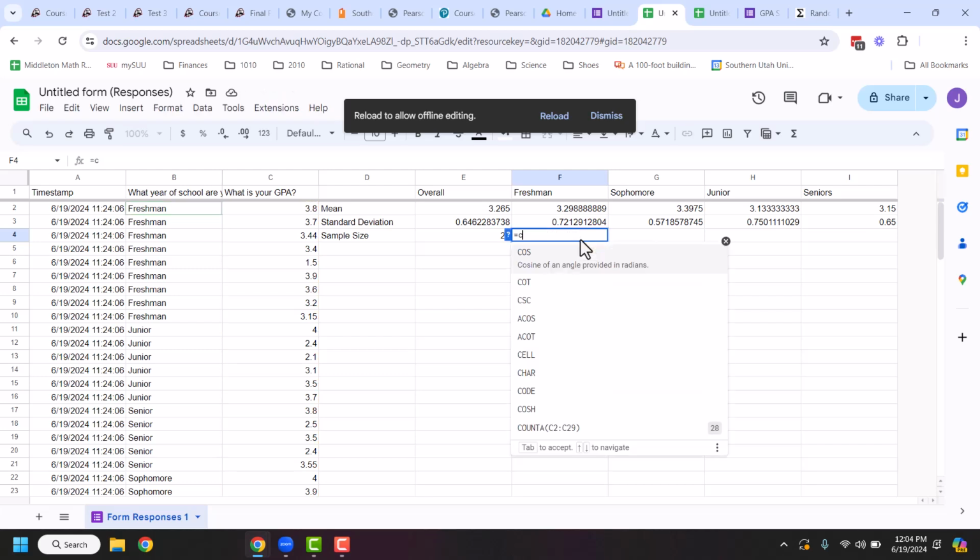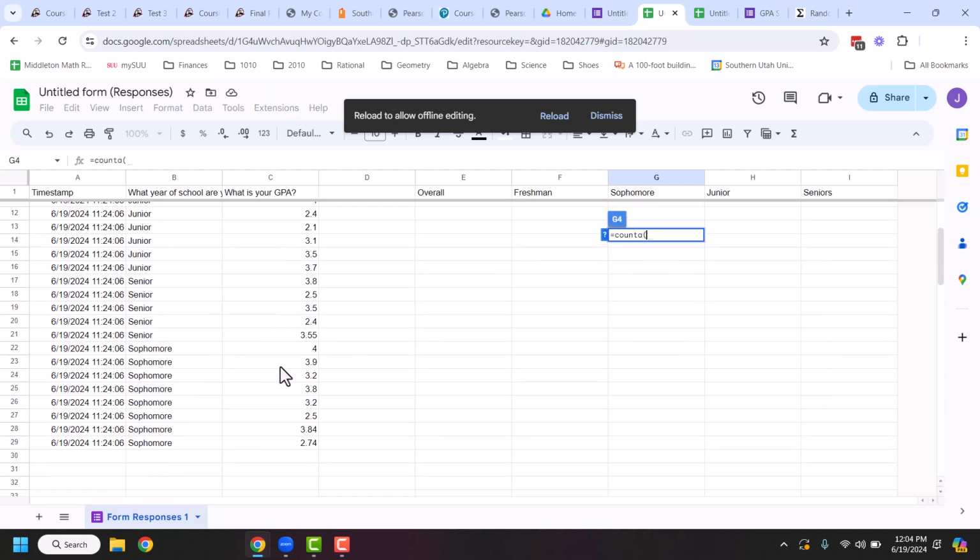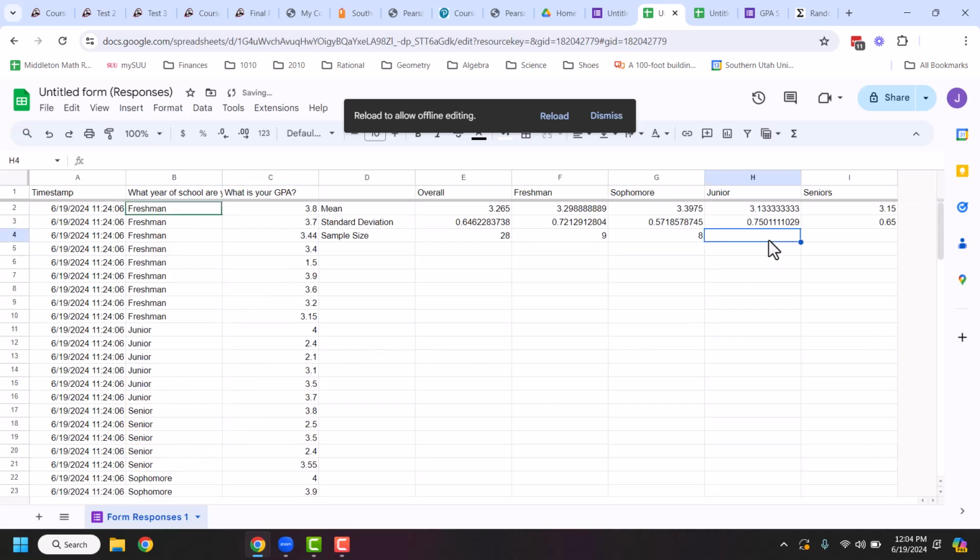Then I'd also want to count the number of freshmen that responded, and the number of sophomores that responded, and the number of juniors and the number of seniors. Okay, so this is the sample size for each of these categories.